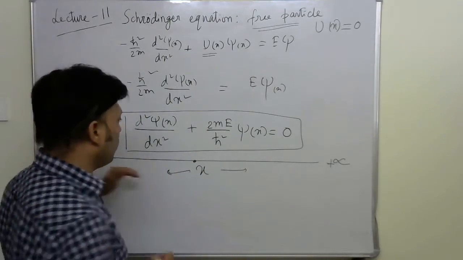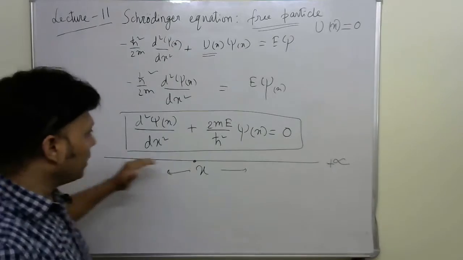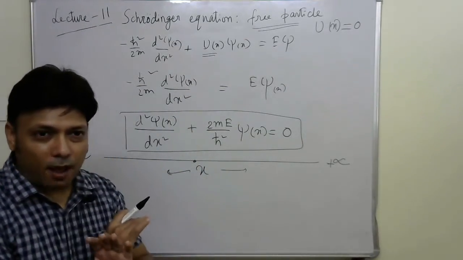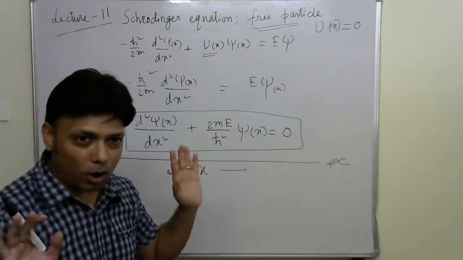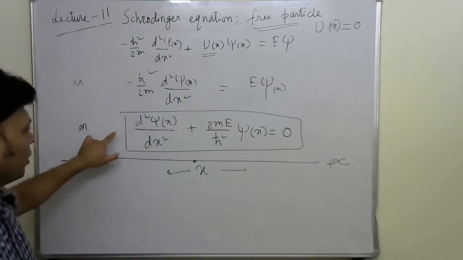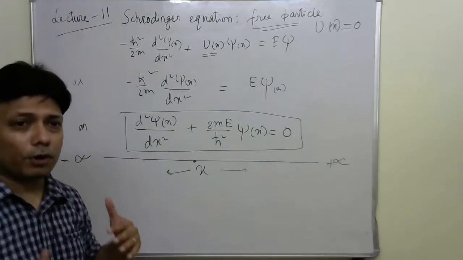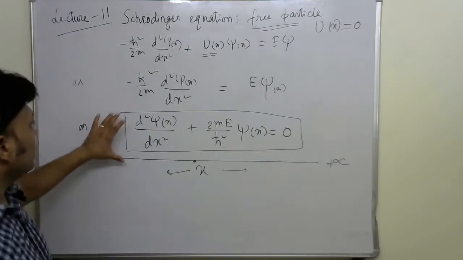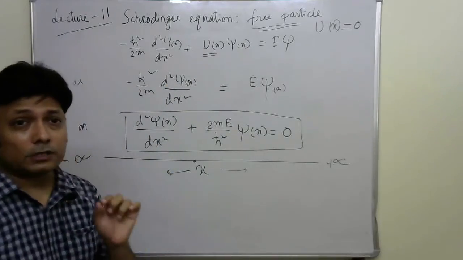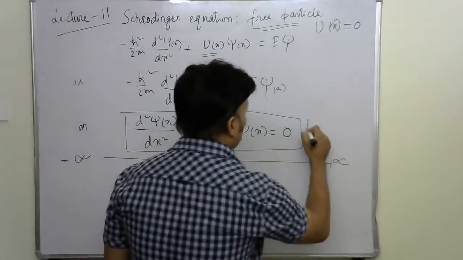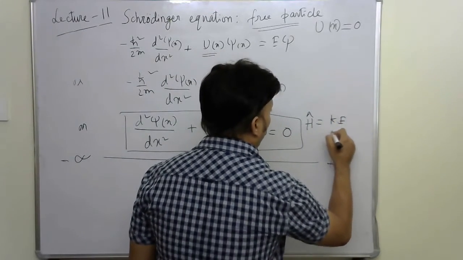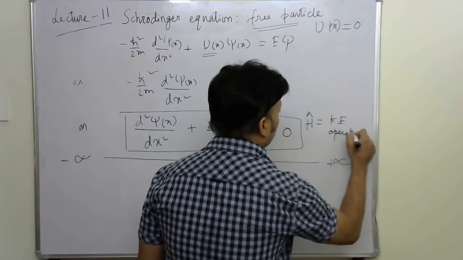It is free to move anywhere in one dimension between minus infinity and plus infinity, and the particle does not have any restraining force working on it. So this is called the Schrodinger equation for a free particle. And you see we have eliminated U(x), so that means the Hamiltonian operator is only the kinetic energy operator.